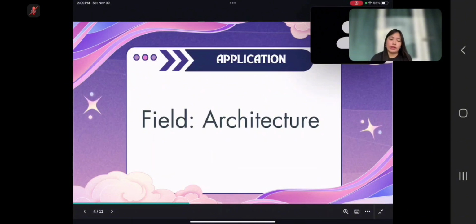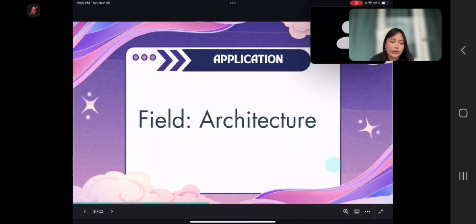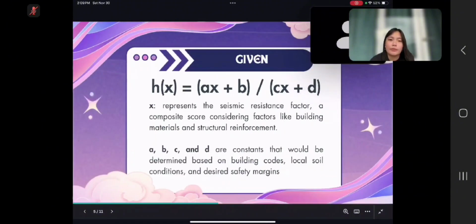As you know, Mr. Elias is indeed a wonderful and smart architect. So moving on to the given: h of x equals a times the quantity x plus b over c times the quantity x plus d.